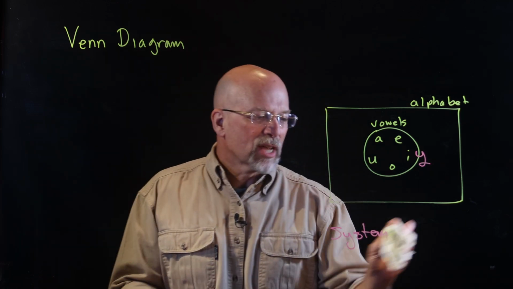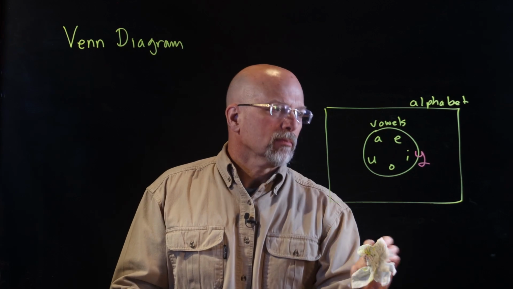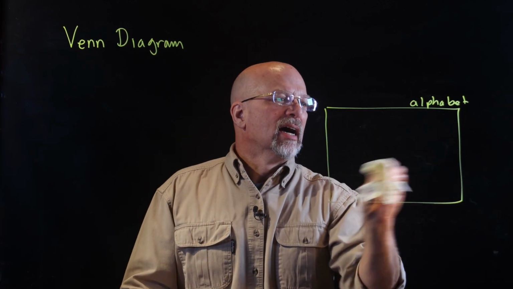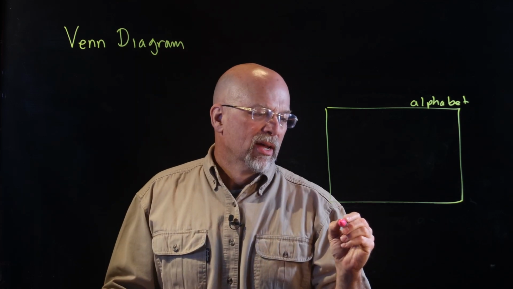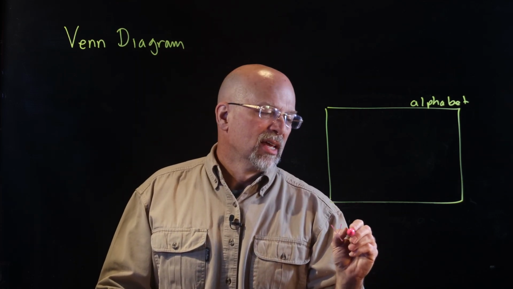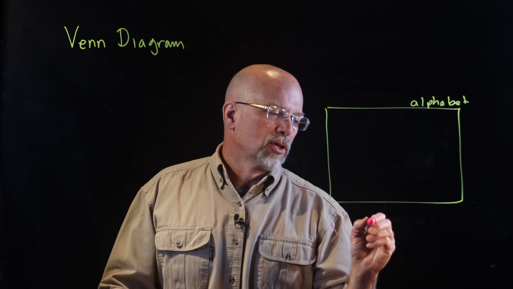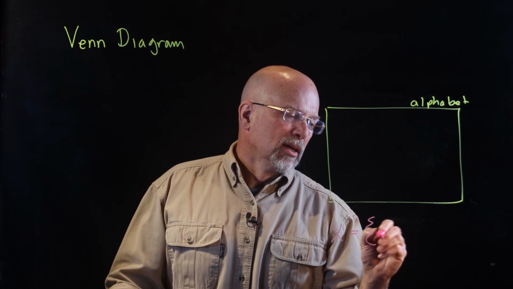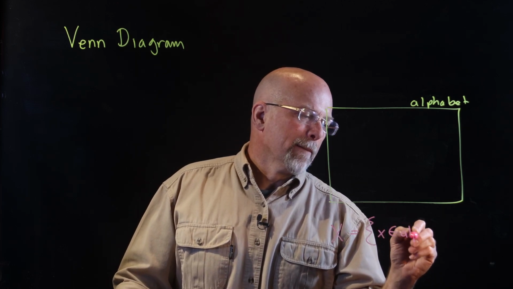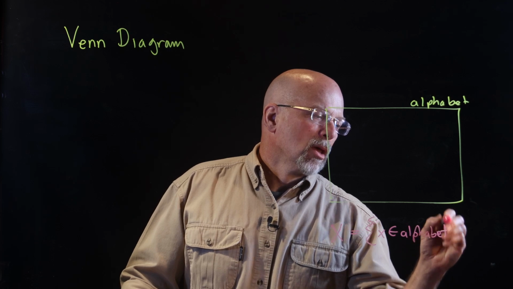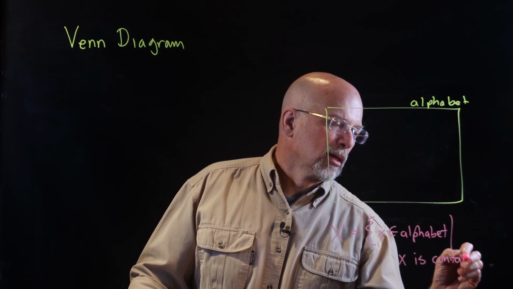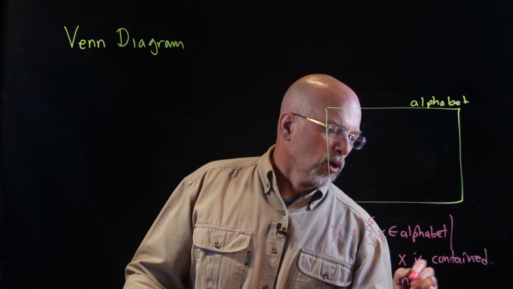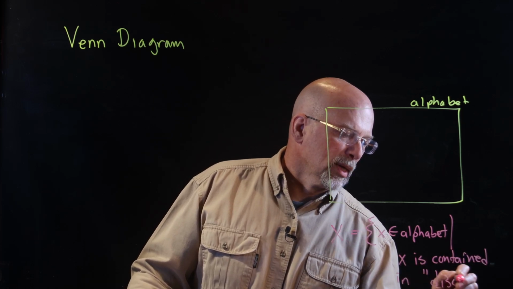So a better example might be if we said, let's create a set where the set X is equal to little x in the alphabet, where x is contained in the word discrete.